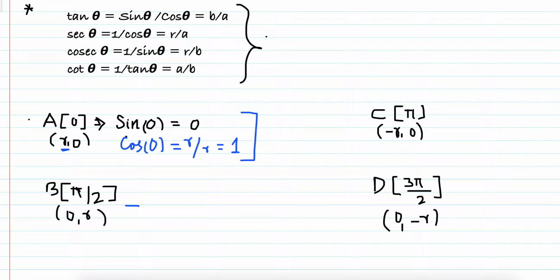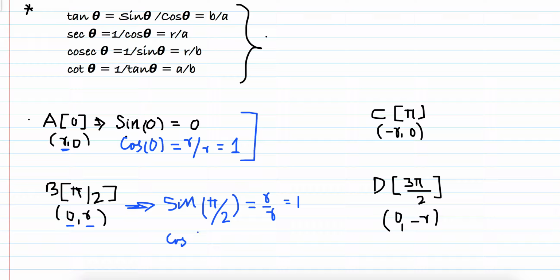Now at point B, theta is pi by 2. So we will write sine pi by 2. Here it's the reverse. A is 0 and B is R. So sine will be B upon R, which is R upon R, equal to 1.